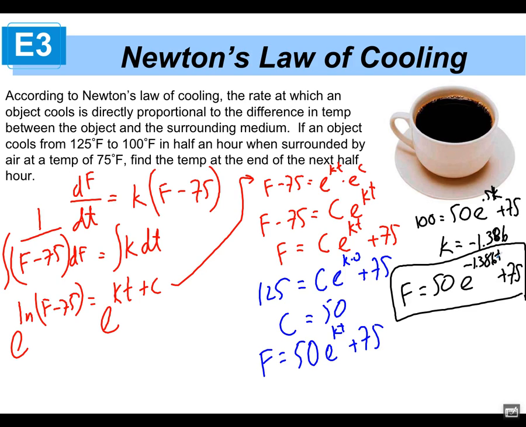And in fact, the question here is, find the temperature at the end of the next half hour. So after the next half hour, what's t? 1, good, because we're doing a half hour and then another half hour. And a lot of times that last question is the easy part because you did all the hard work early on. Now just plug in 1 for t and solve. You can use a little bit of logic and some evaluation skills to know that you should get an answer less than 100 but greater than 75, because it can't cool below the temperature of the room.